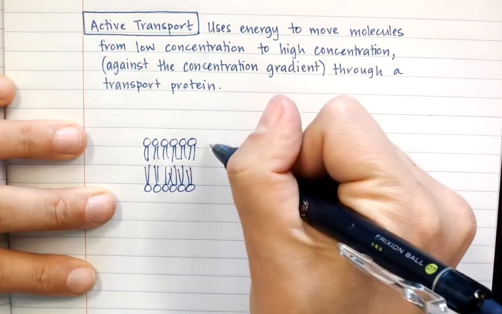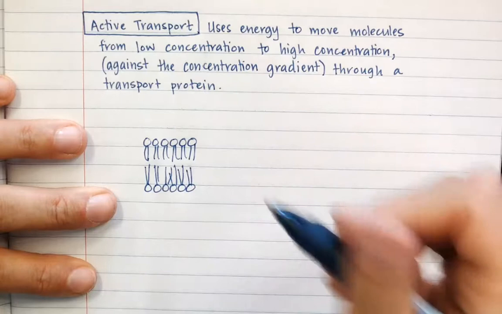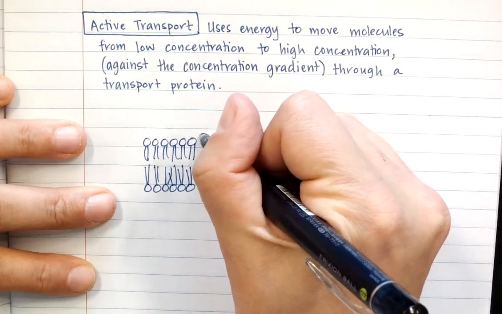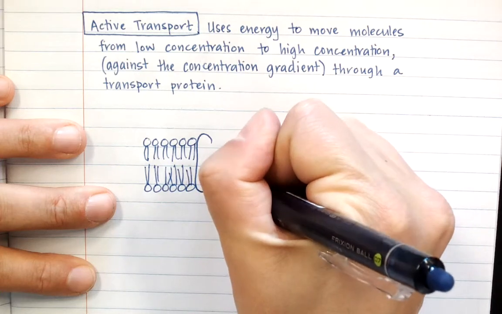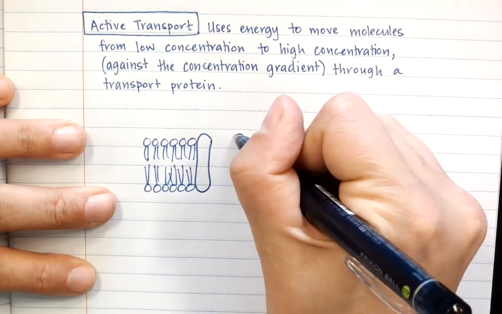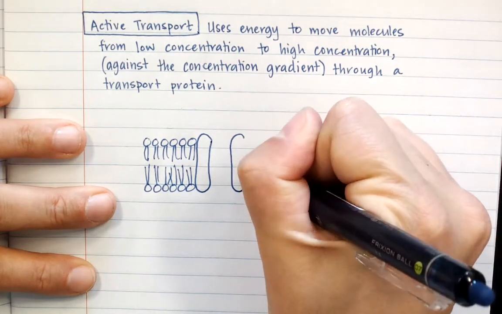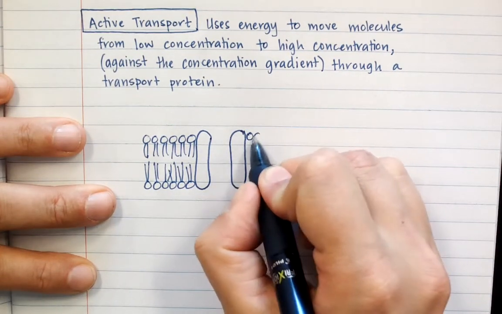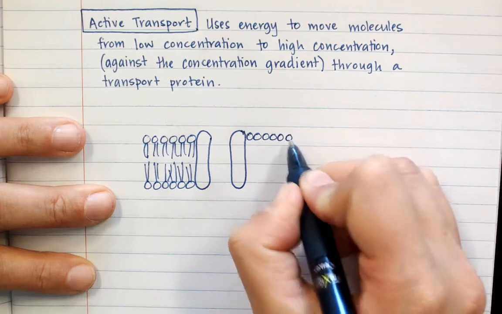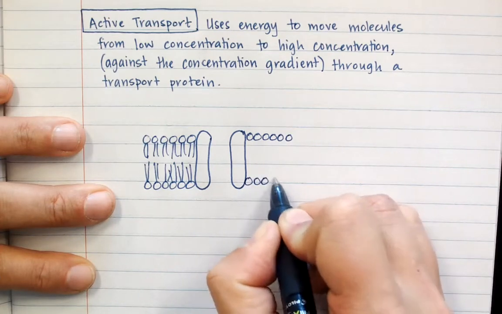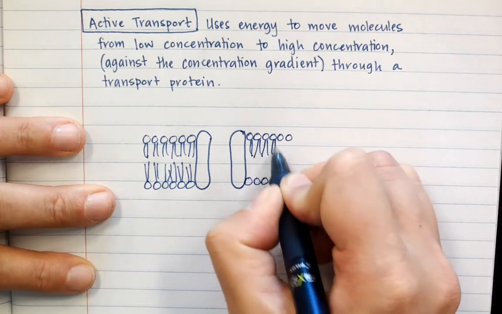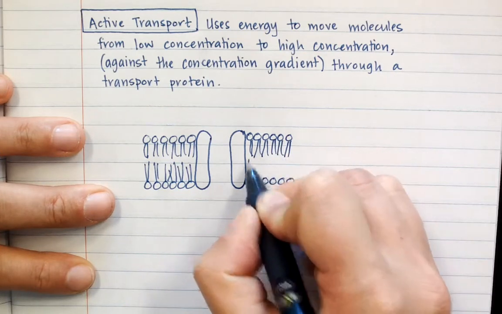And then inside of that membrane, spanning the top and the bottom, is my transport protein. Then on the other side, because the protein is through the membrane, I have more of my phospholipid bilayer.